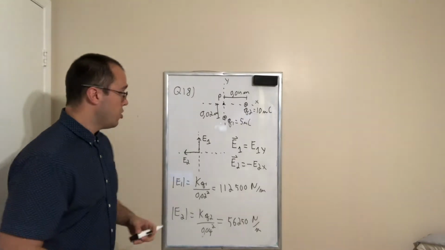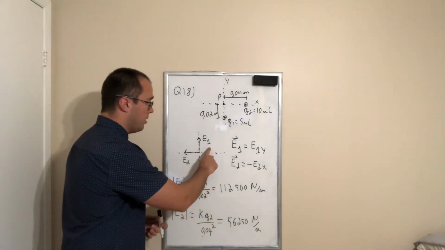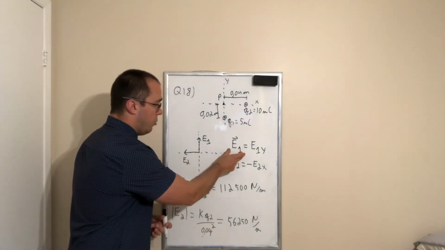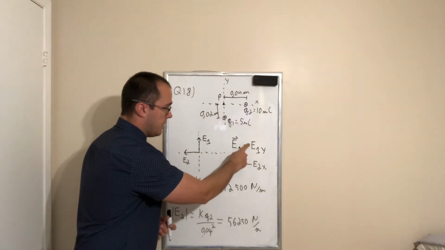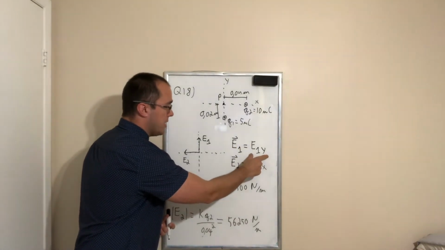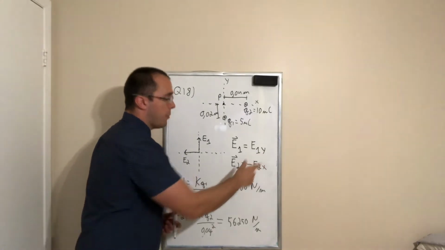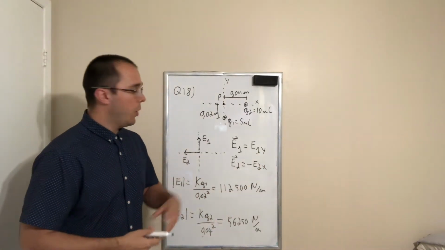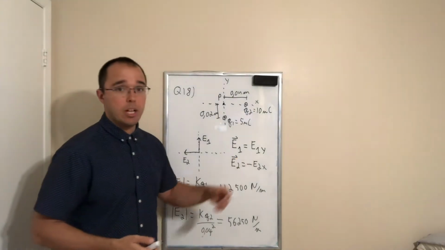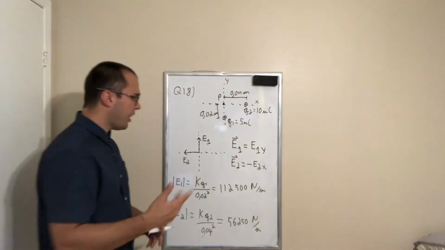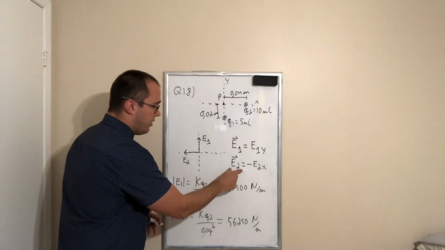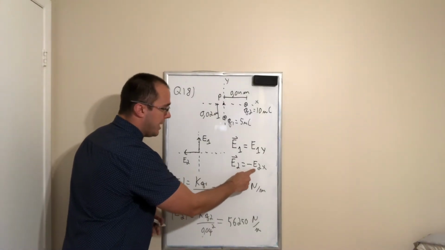So the vector E1 is equal to plus E1y, although we don't write the plus, it is still there. It is equal to the component in the y direction. This is a quick simplification because we know that there's no x component. Same logic with E2. The vector E2 is equal to minus E2x.